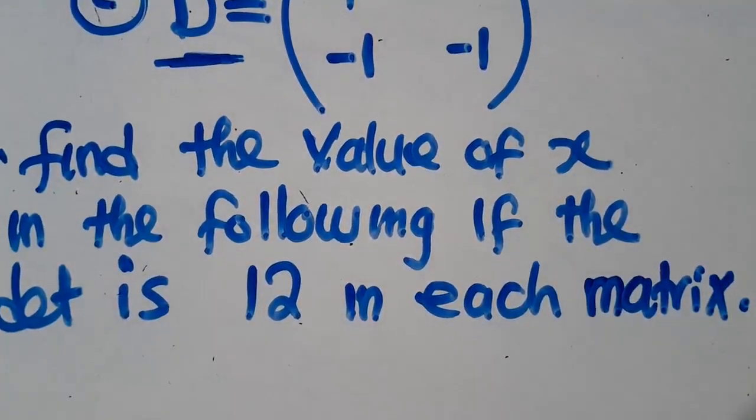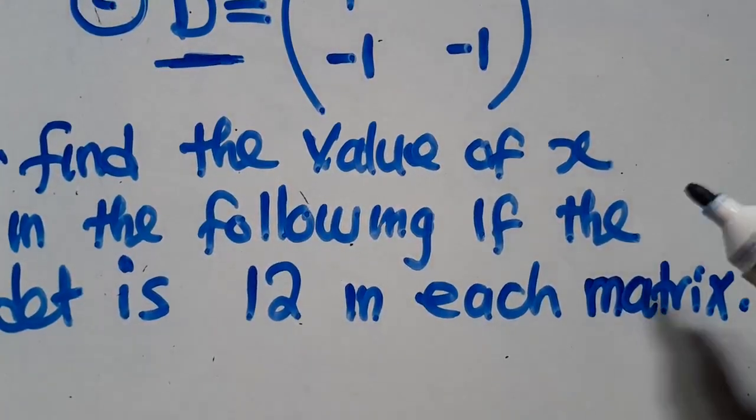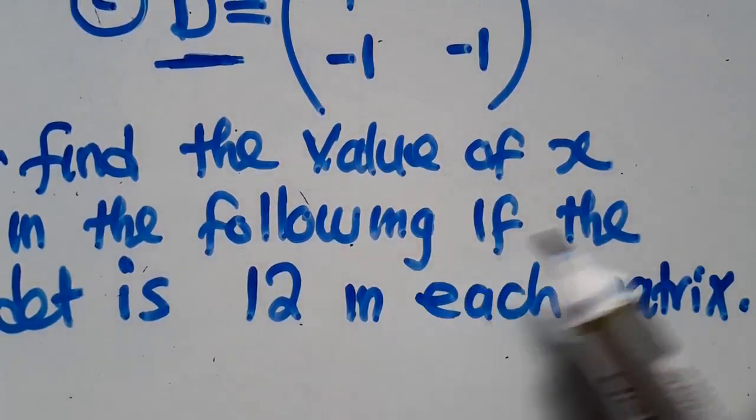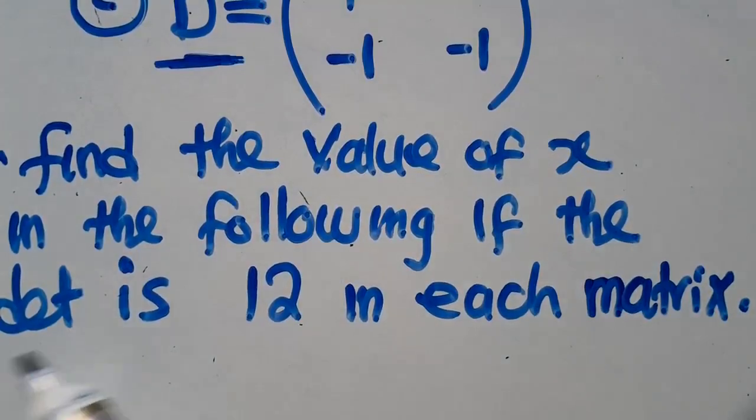This is how the question is. So find the value of x in the following if the determinant is 12 in each matrix.